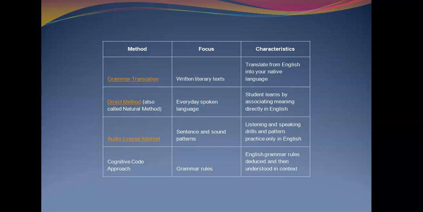The first method is grammar translation. Focus on written literary texts, and the characteristics will be translated from English into your native language. Direct methods, also called natural methods, focus on everyday spoken language, and the characteristics will be student learns by associating meaning directly in English.